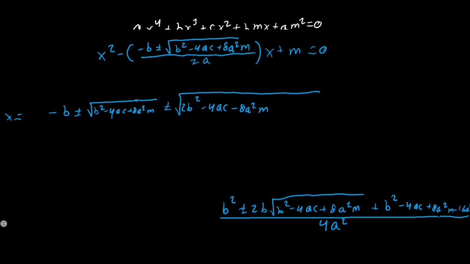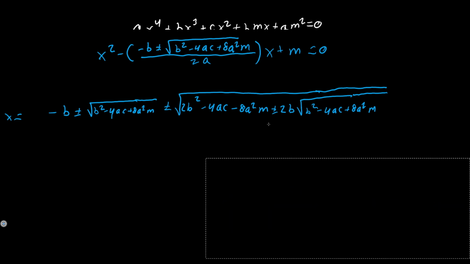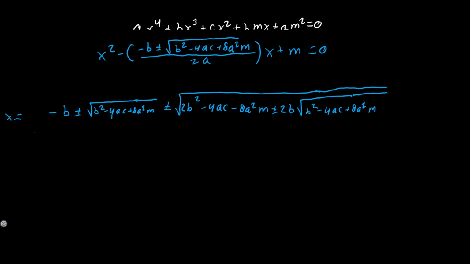And since we have this 2b, we're going to have plus or minus 2b times the square root of b squared minus 4ac plus 8a squared m. And that is all divided by 2a, again, all over 2, which is going to be the same thing as 4a.